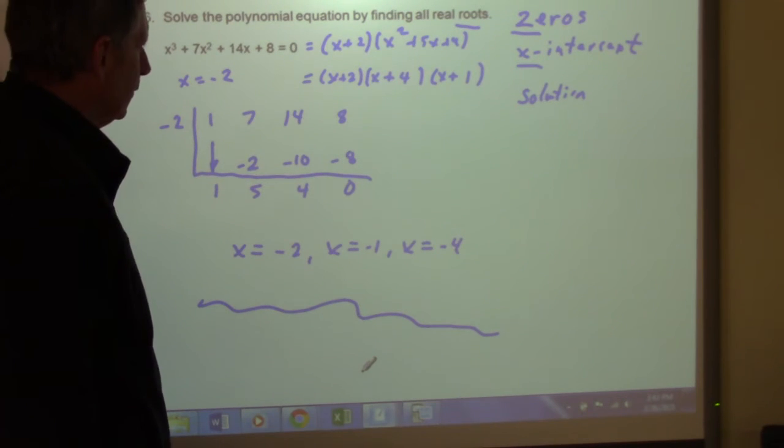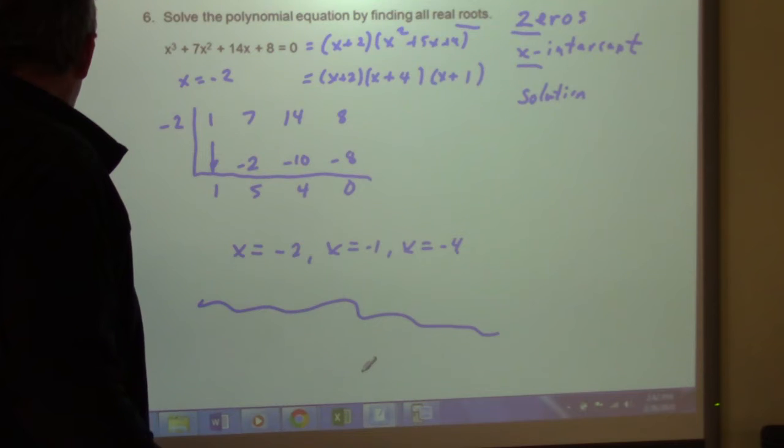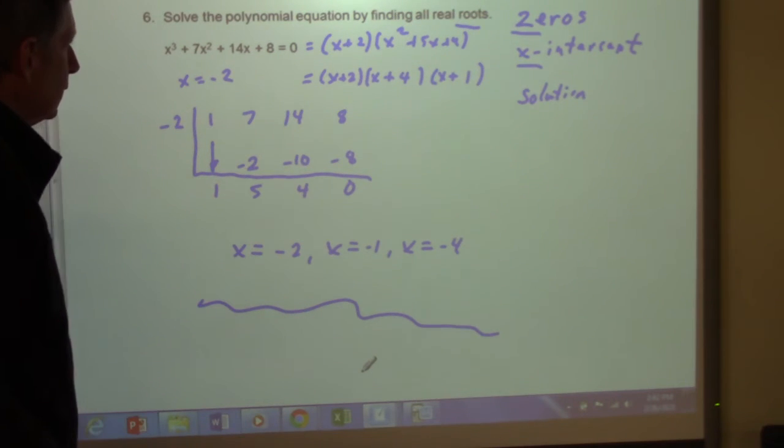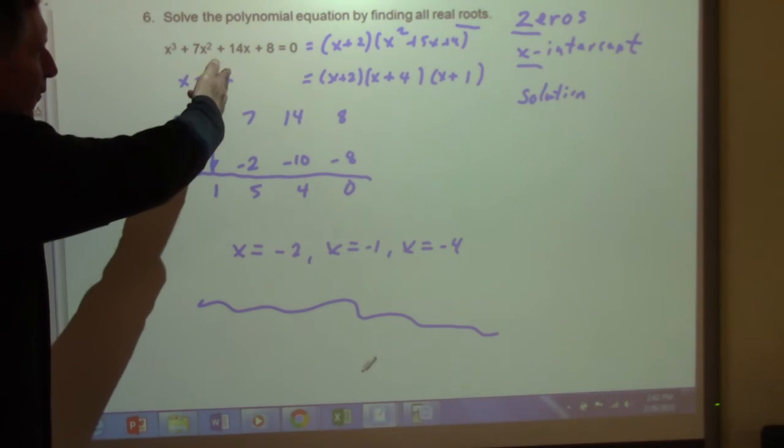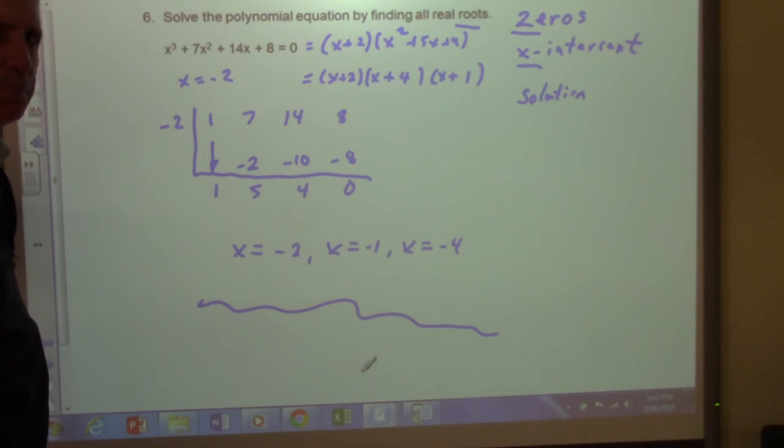We chose negative 2, but it can't be 3 or negative 3 because those aren't factors of 8. Right, that's right. Yeah, and what happens is 3 violates the rational roots theorem.